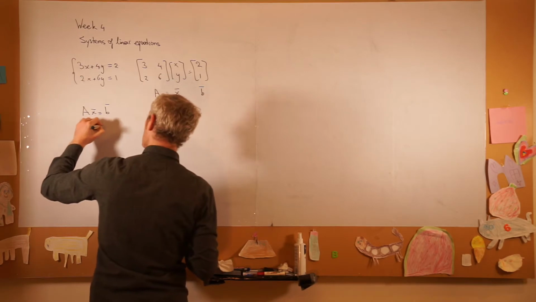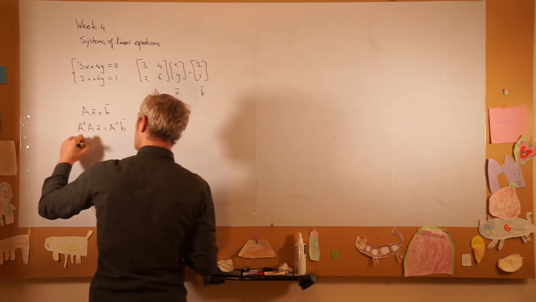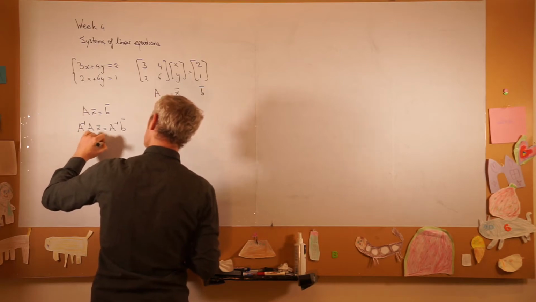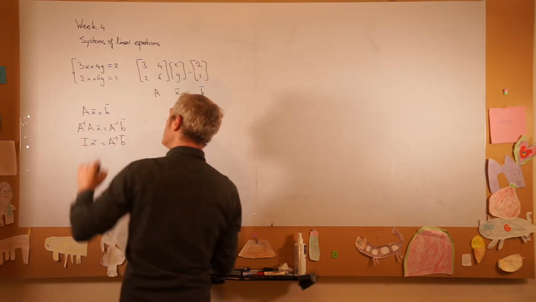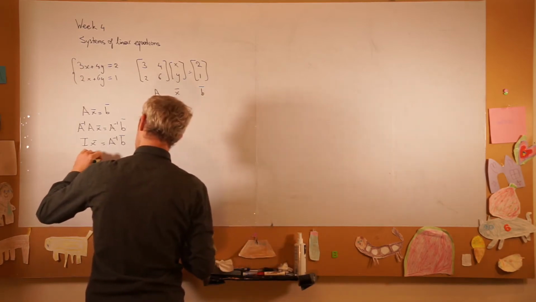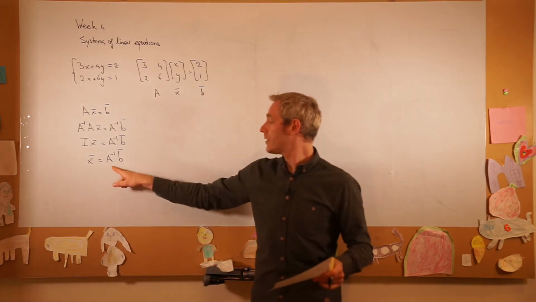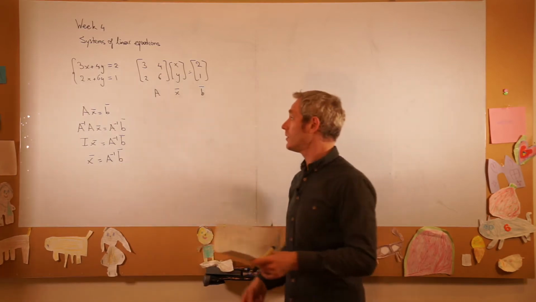A inverse times A times x is A inverse times b. This is equal to the identity matrix times x, and the identity matrix times x is the vector x itself. And if we know the inverse and we know b, we can write out the solution.